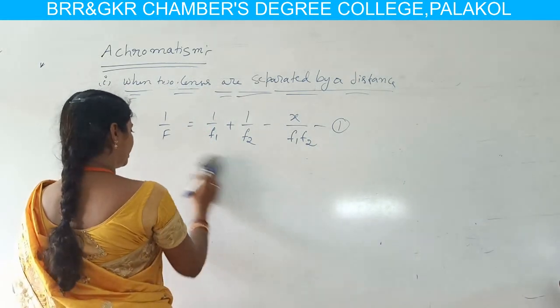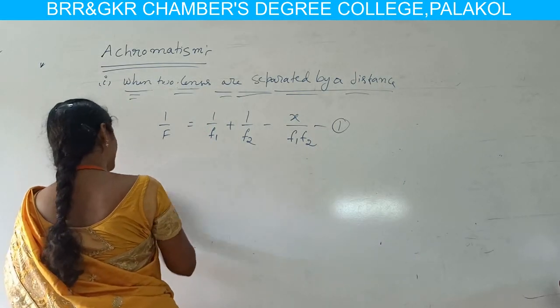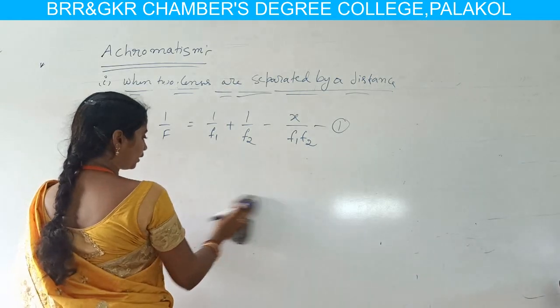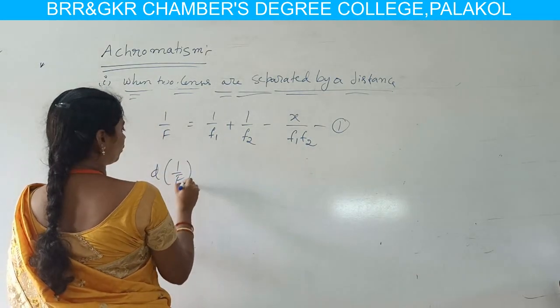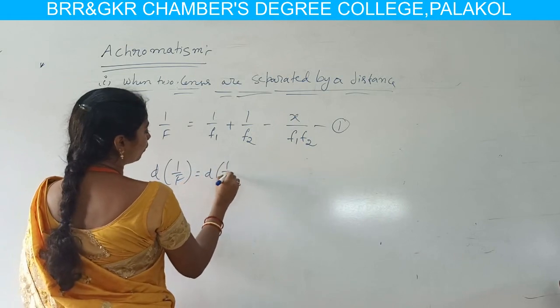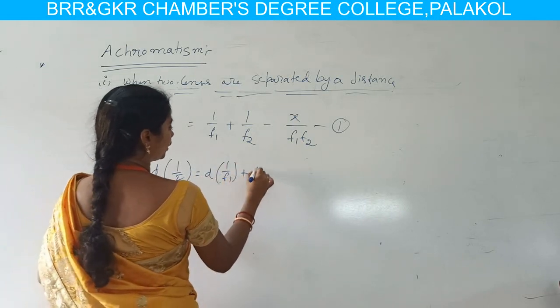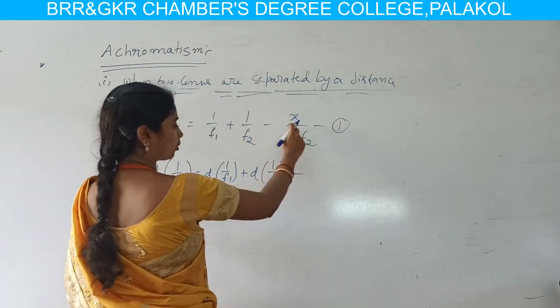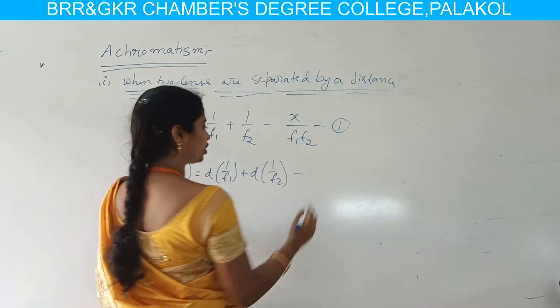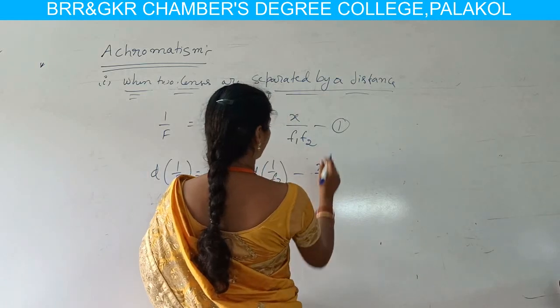Then the refractive index varies and also the focal length varies. So, differentiating this equation, d(1/f) = d(1/f1) + d(1/f2), and for the x by f1 f2 term we differentiate keeping the other constant, the UV method.